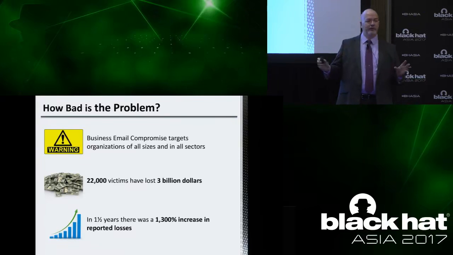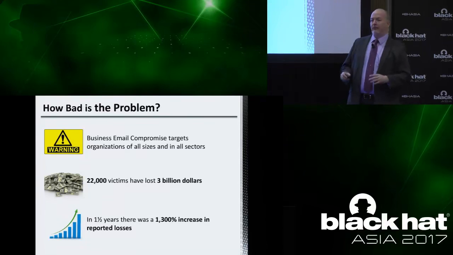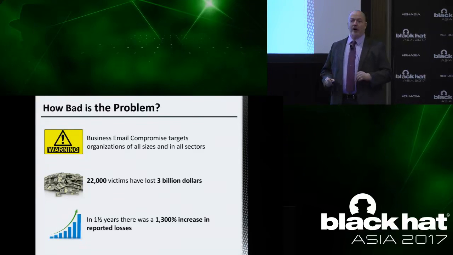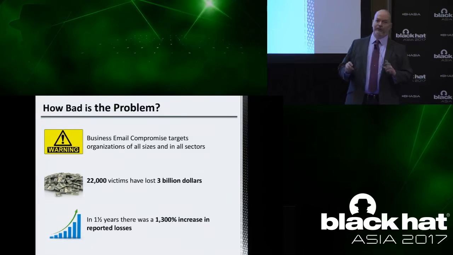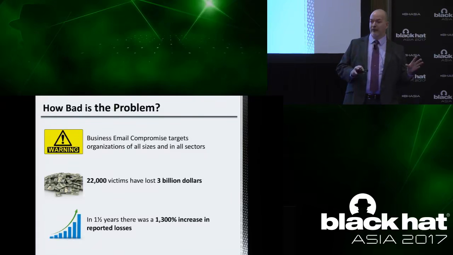I mean, how many businesses in here are grossing over $1 billion a year, right? That's a fairly significant sized company, right? These guys are doing that. In 18 months, $1.5 billion of reported losses. So that's only the losses that were reported to government agencies or central cybercrime gathering groups that gather statistics on this. So how many of your companies, if you fell victim to this, would actually report?